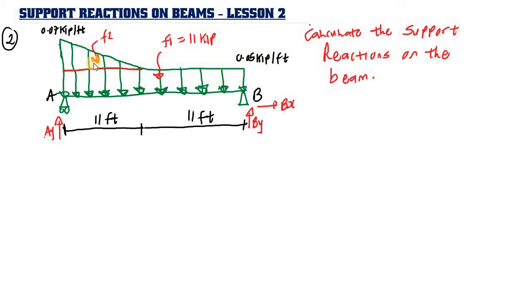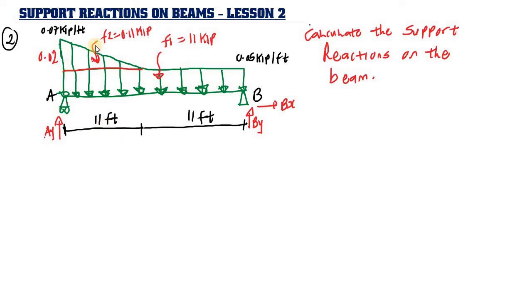So this is 0.02 multiplied by 11, then divided by 2. This is going to give us 0.11 kip. So F2 is equal to 0.11 kip. So this is the second force.